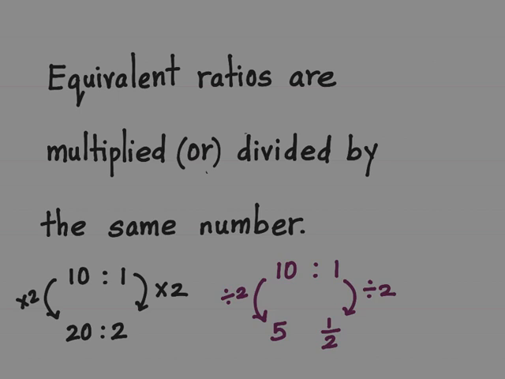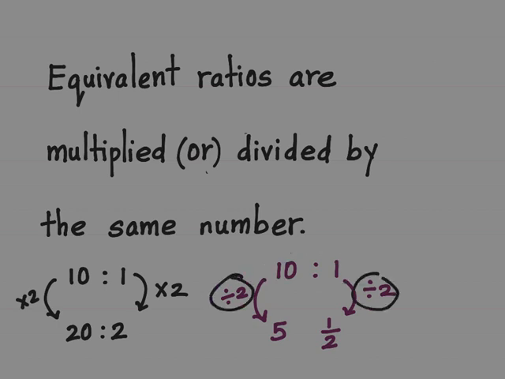Equivalent ratios are multiplied or divided by the same number. So in this case, 10:1 is multiplied by 2, and we get 10 times 2 is 20 and 1 times 2 is 2. So that is how we got 20:2. In the other case, 10:1 is divided by 2.